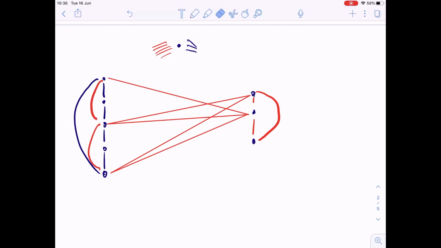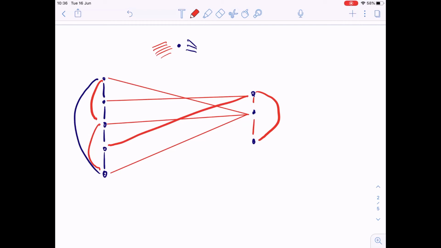Actually, I will add these 2 in as well. So that leaves me either this option or this option. Now, due to symmetry, it doesn't matter which one I pick. So let's just choose the top one for now. I know it's got to connect to the one 2 below and the one 2 above. So that would be 1 above, this would be the second one above.